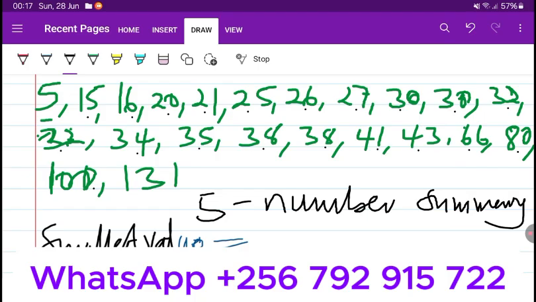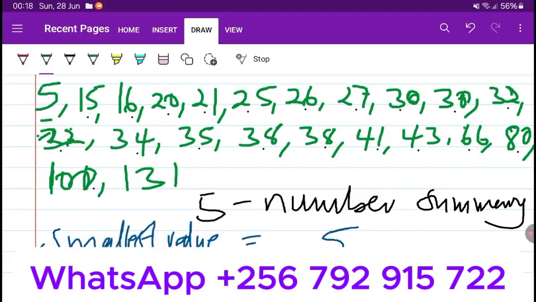The smallest value, of course, is 5. Then let's look at the median. We have counted these numbers and they gave us a total of 22.